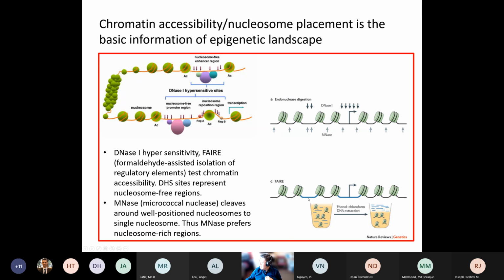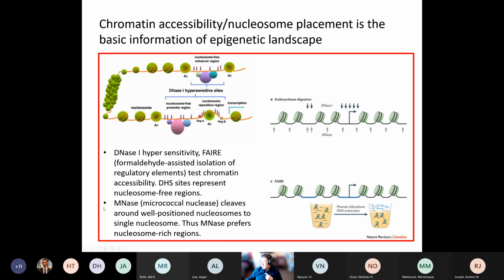What you will extract out is this relatively naked region because the other nucleic acid is bound to the histone, still bound to the nucleosome. So the protein will be in the organic phase. The DNA will go to the aqueous phase. So this is another way you can identify the open region.